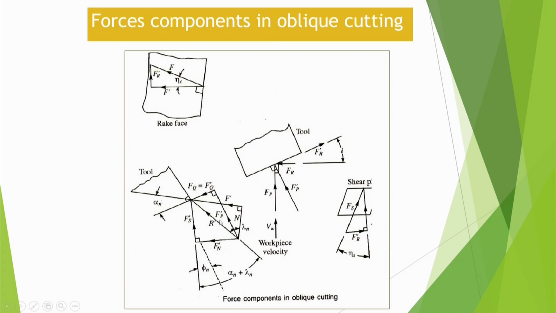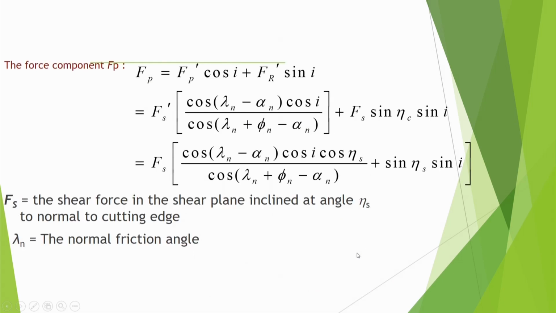Lambda n is defined with respect to F dash, and the normal force is N. So the ratio of this projected force to this will be called this. Actually, the true friction angle is based on the tangential force F, but we can show it here, and here also eta S is the shear angle in another plane.